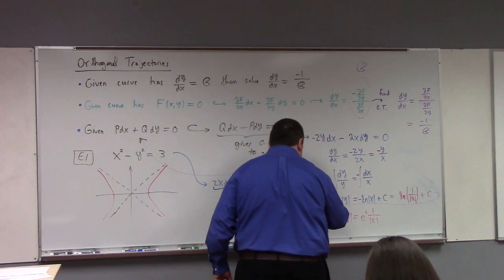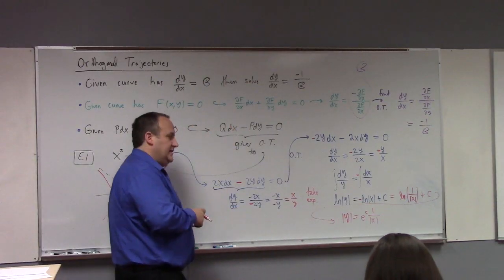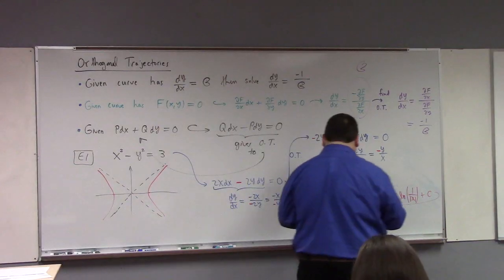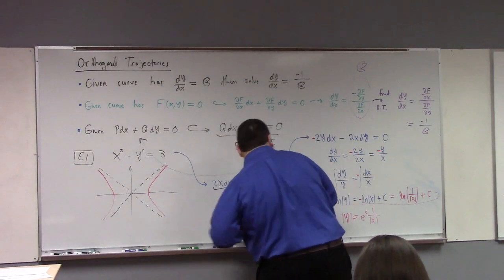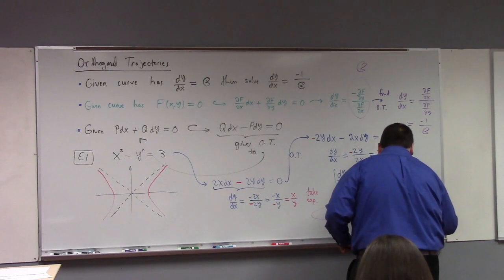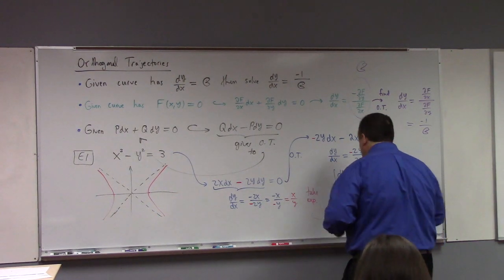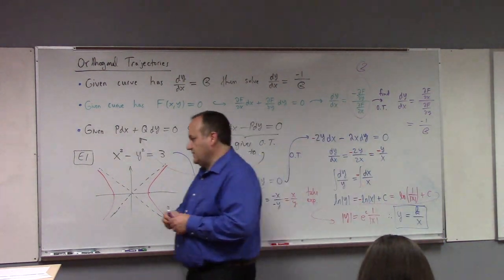Take exponential, which then gives me the solution, y equals some constant divided by x. So there you go, that's your orthogonal trajectories.